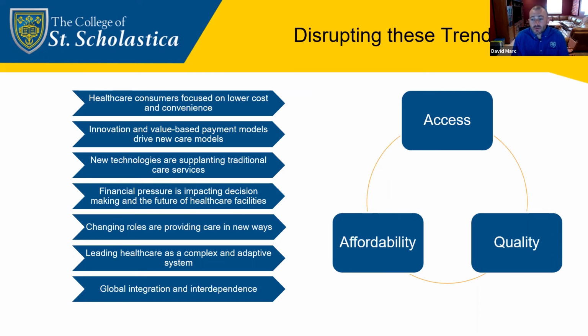As it relates to affordability, healthcare consumers are becoming more focused on the cost and convenience of care, seeking out telehealth options, for instance, or mobile health options for getting care immediately, quickly, and in an affordable way. We're seeing growth in the use of those services in rural markets, and that's really impacting the access and affordability of that care for those individuals.